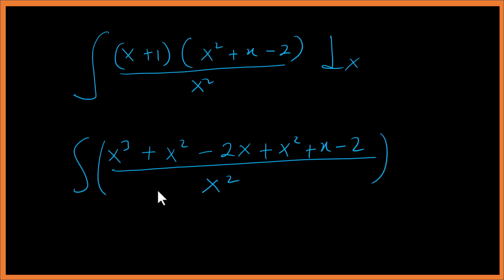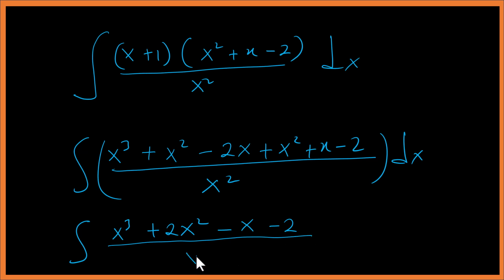So let's add up and group like terms. We have x cubed, then x squared plus x squared will be 2x squared, then minus 2x plus x, that will be minus x, then minus 2, all over x squared, dx.